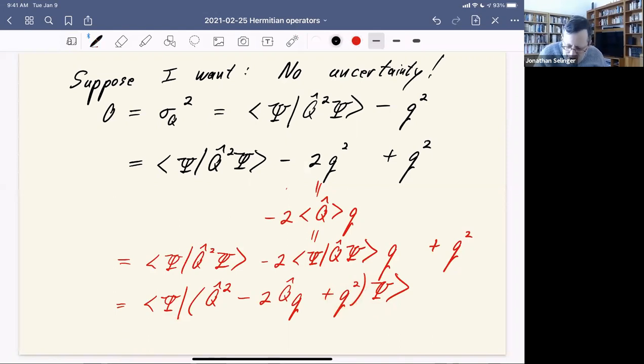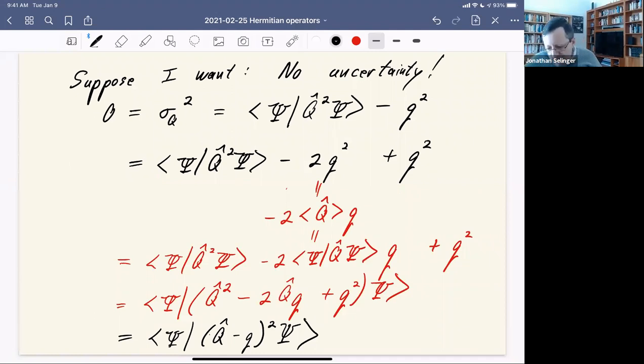Okay. So, this is equal then, well, we can recognize this operator in parentheses here. This looks like a square, right? This looks like the inner product of psi with Q minus little q squared acting on psi.